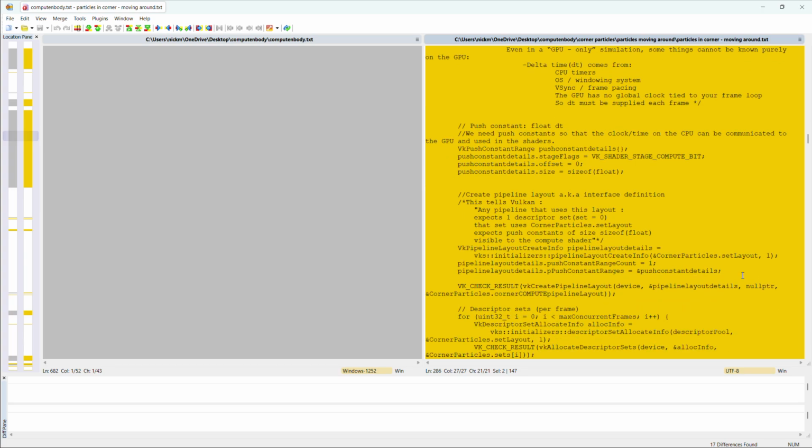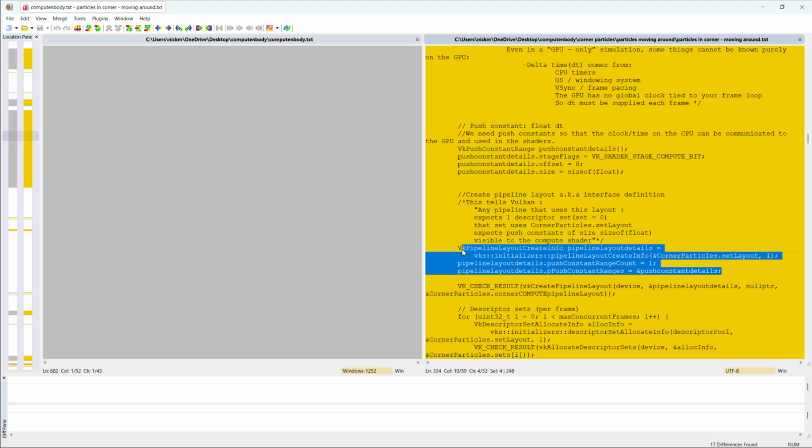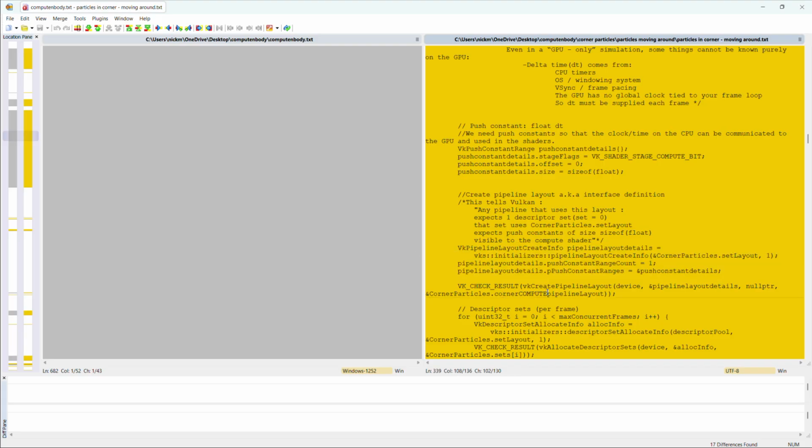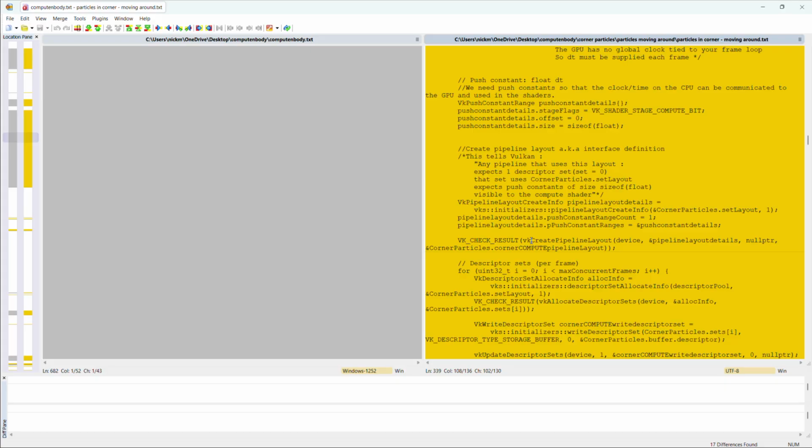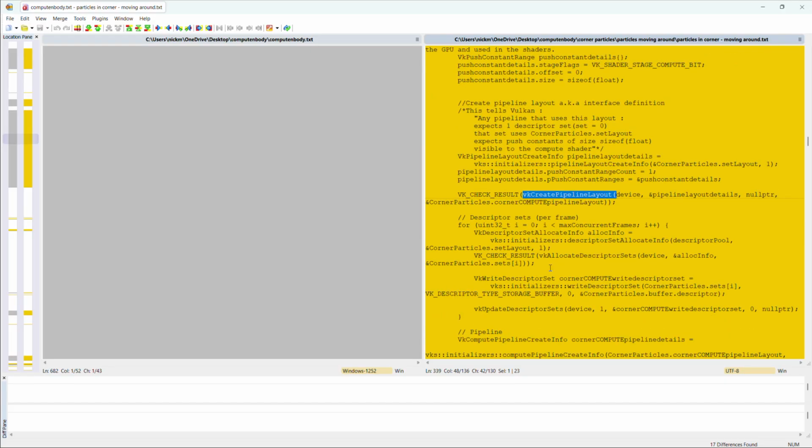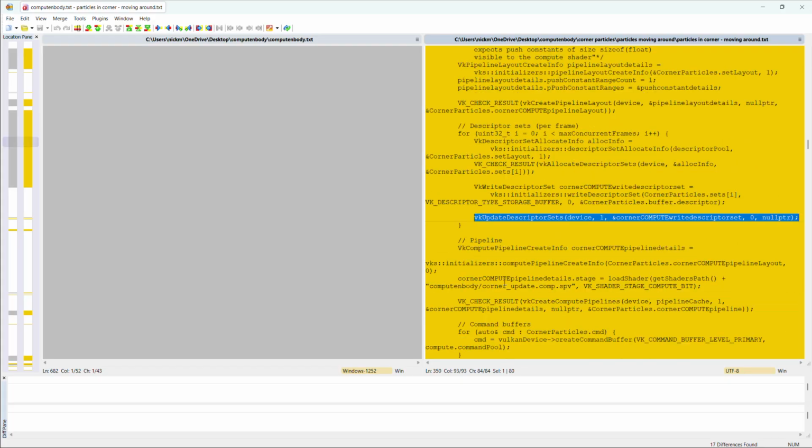So we do all of that stuff here, and we actually create the pipeline layout here. And then for the descriptor sets, we loop through all of the frames and we allocate a descriptor set to each frame and then actually write the descriptor set. That is all of the information that we have encapsulated for our descriptor set, and this is where the descriptor set actually gets updated and written.